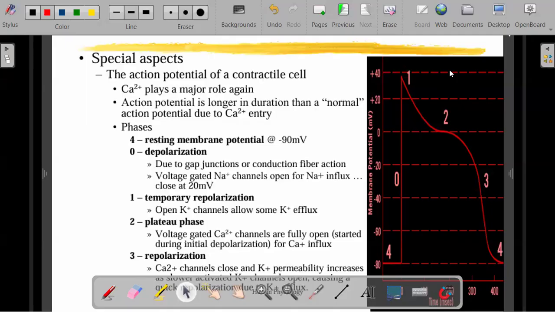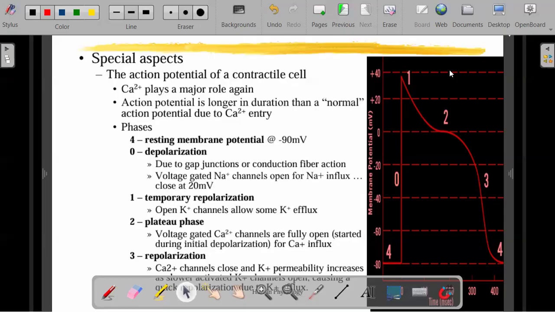Cardiac muscle action potentials are longer as compared to the skeletal muscle or the nerve cells. This is mostly due to calcium, which plays a big role in the action potentials of cardiac muscles.